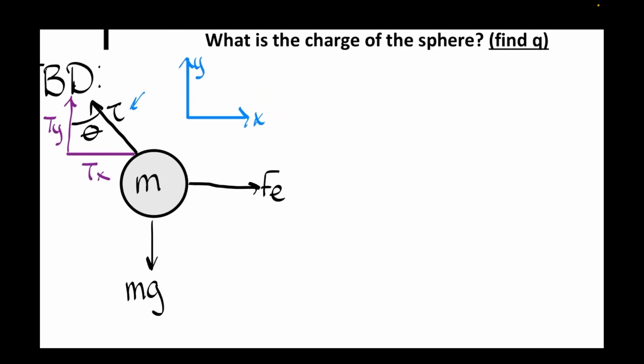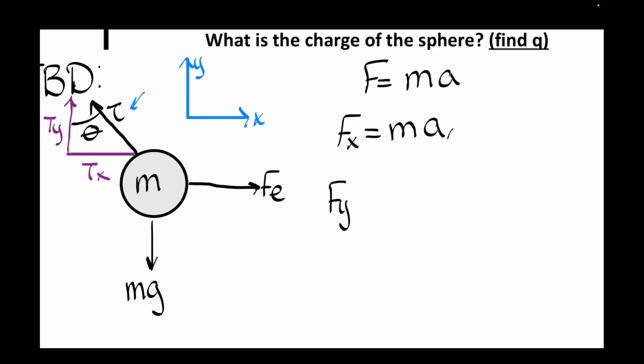So now we need to go into F equals ma. We don't have everything all in one direction, so we have to do the sum of F in x and the sum of F in y equals the mass times the acceleration in x, and the mass times the acceleration in y.